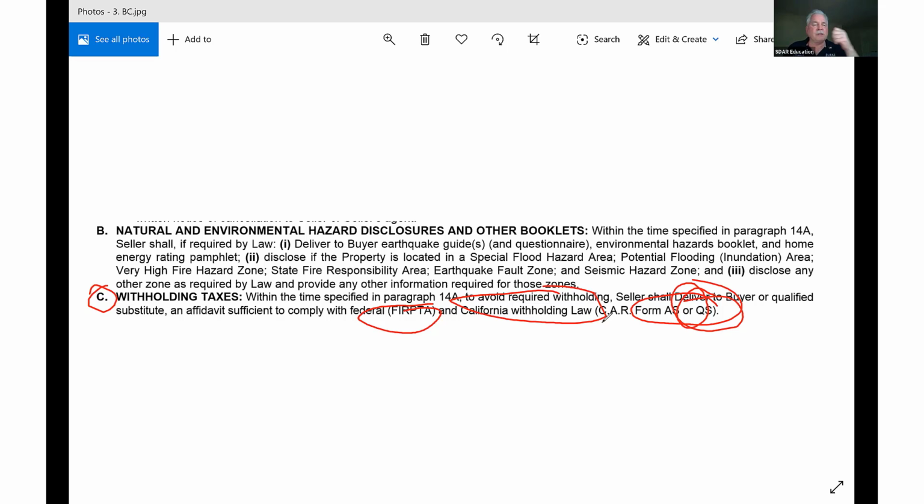So federal FIRPTA, so remember in the country, the law changed January 1 of last year, where the withholding, if they're not a U.S. citizen, the money's going out of the country, then 15% withholding of the gross sales price. For California, if you're not a resident of California and the money's going to go someplace else off-site, it's going to be 3 1/3% of the sales price, or 9 1/3% of the profit, or whatever revenue the seller is going to get off of that.